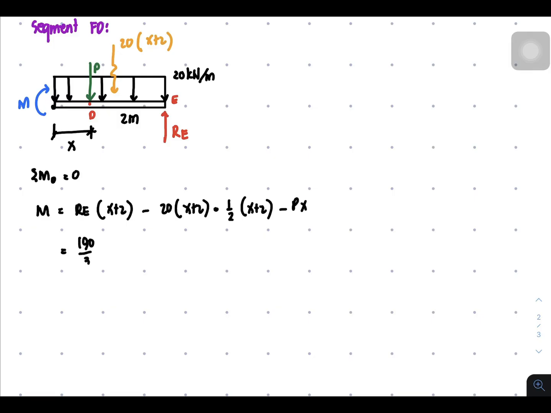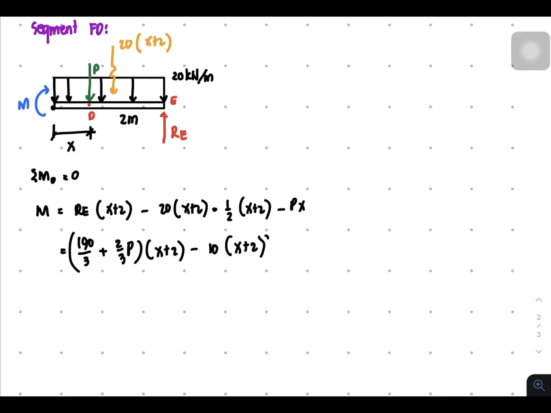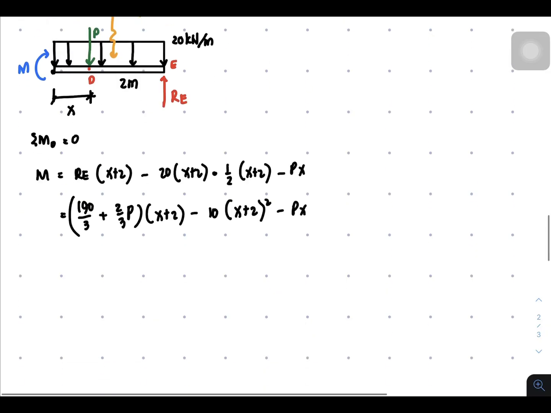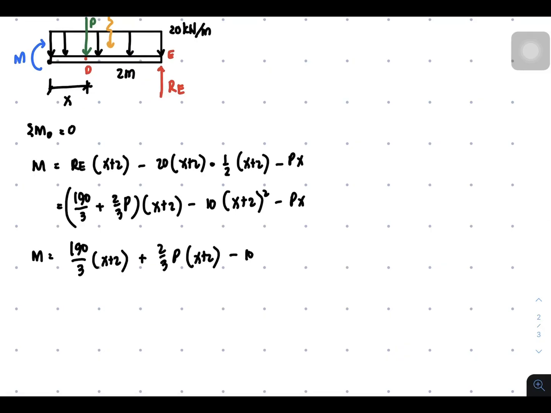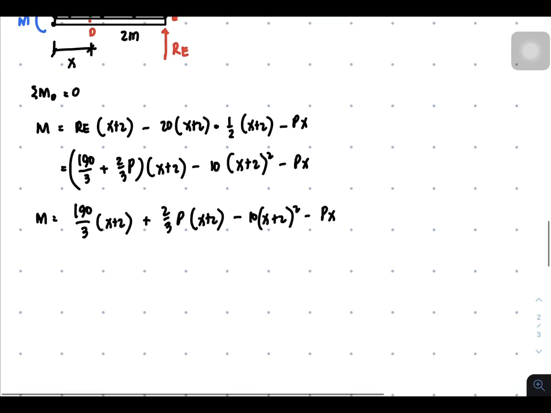This is 190 over 3 plus 2/3 of p, that's RE, times x plus 2 minus 10 times x plus 2 squared minus px. And finally, it's going to be 190 over 3 x plus 2 plus 2/3 of p x plus 2 minus 10 x plus 2 square minus px.